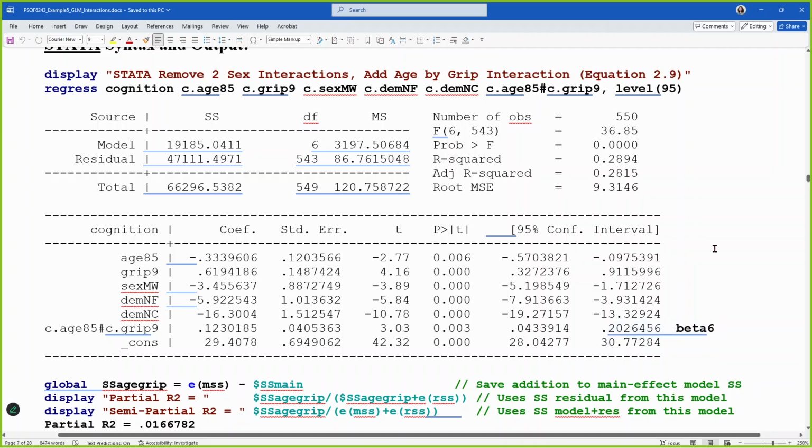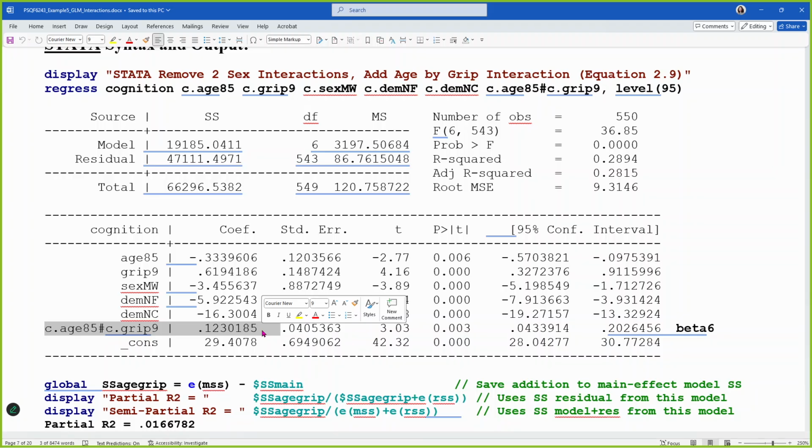More generally, if you have a model and you add one thing to it, and that one thing is significant, that means the change in the R square that one thing created is significant. It's a one-to-one correspondence. Where we have to do extra work is if you add two things at once or three things at once. Then you don't know their joint contribution because that has to include their shared variance.